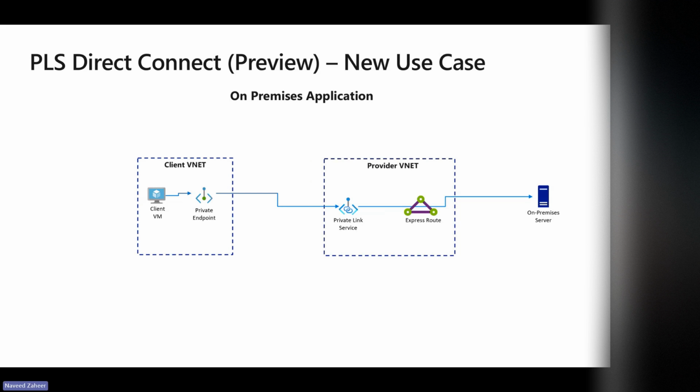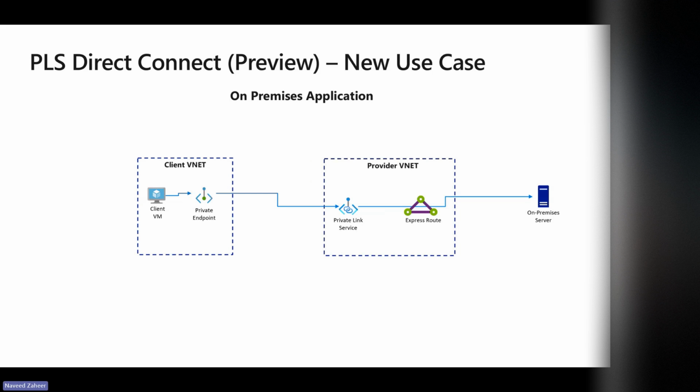Any questions, folks? Okay, one question, please. From the client VNet and provider VNet, if the IP address I have on the on-prem server also exists on the client VNet, will there be any IP conflict scenario? Nope, it doesn't matter. Exactly.